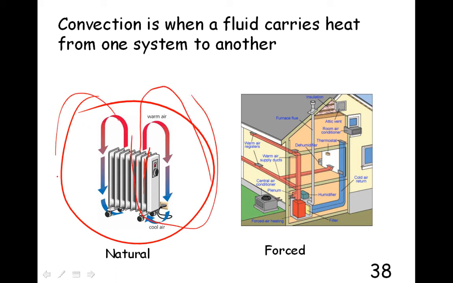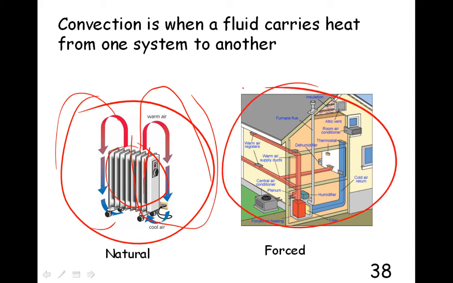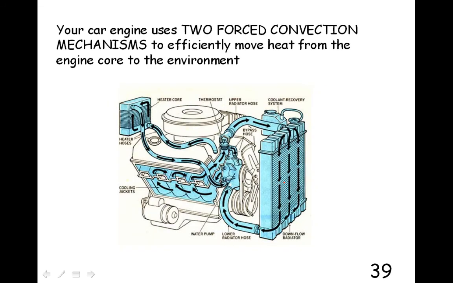So we get these natural convection currents that form just by heating up this radiator, and the fins take advantage of those. Here's a forced convection example, where we've got a heater down in the basement that's heating the air, and then there's a system that forces the air into the rooms, and then the cold air returns there. So that's a forced system that doesn't just happen automatically. You have to have a fan.